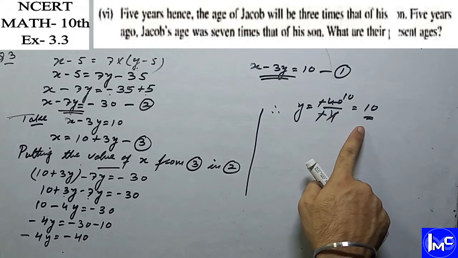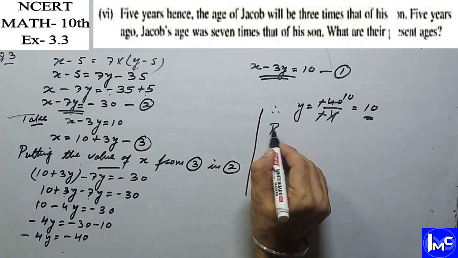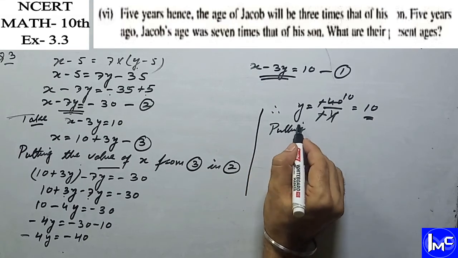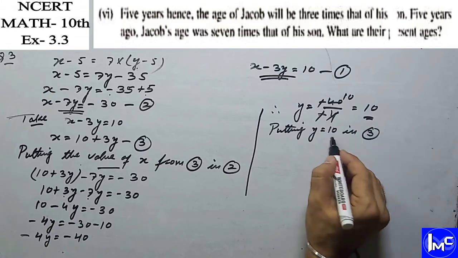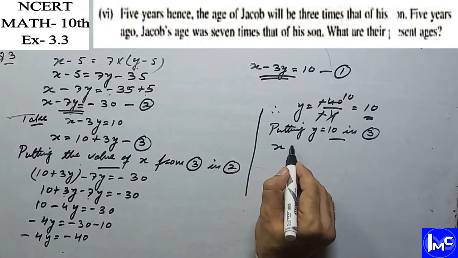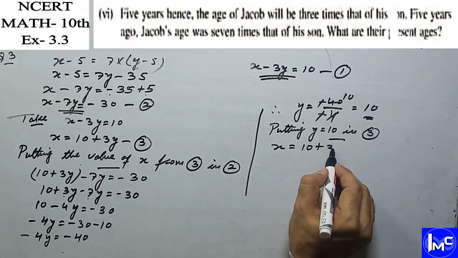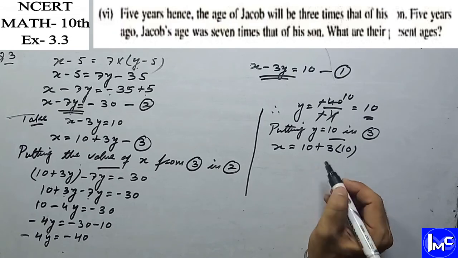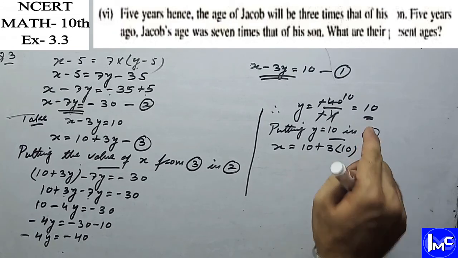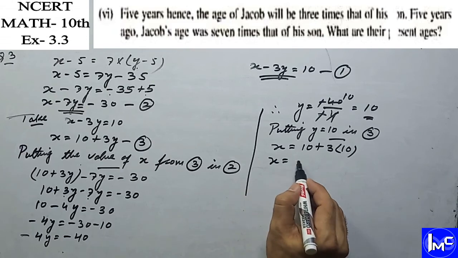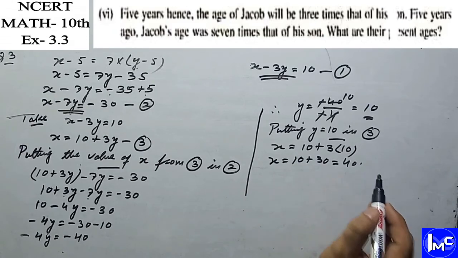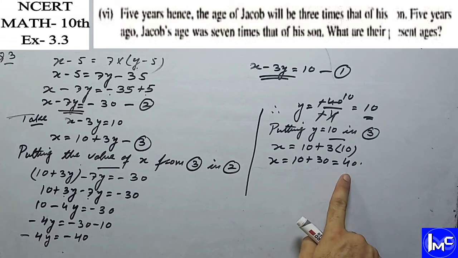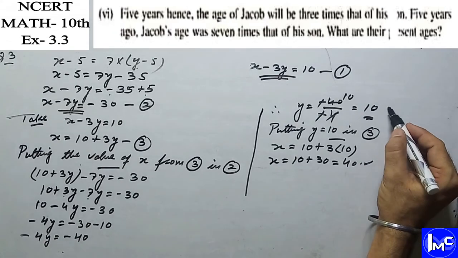Now we will put the value of y in the third equation, putting y is equal to 10 in equation number 3. We will get x is equal to 10 plus 3y. Y is here, and we have taken the value of y as 10, and here we will get 10 plus 30, that will be 40, and the values of x and y are 40 and 10.